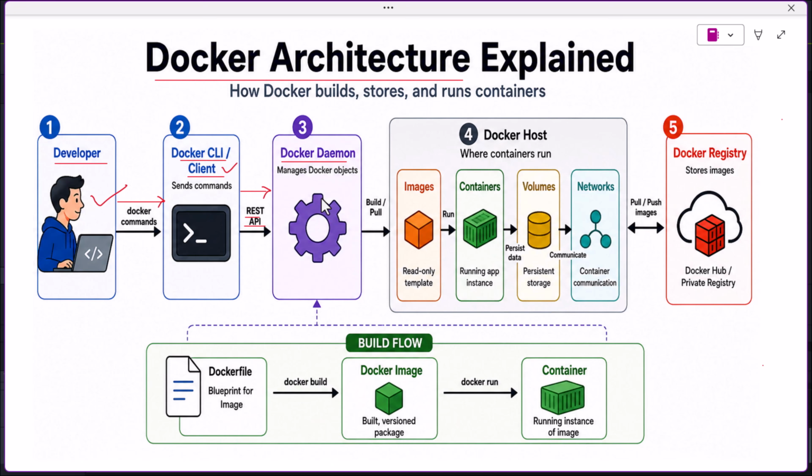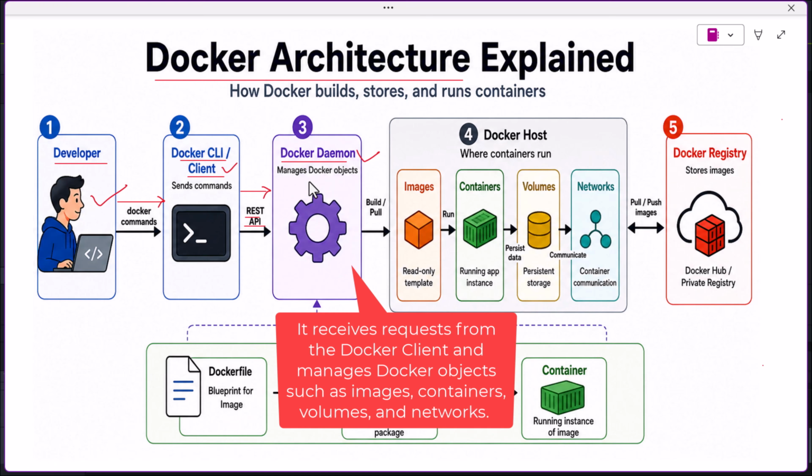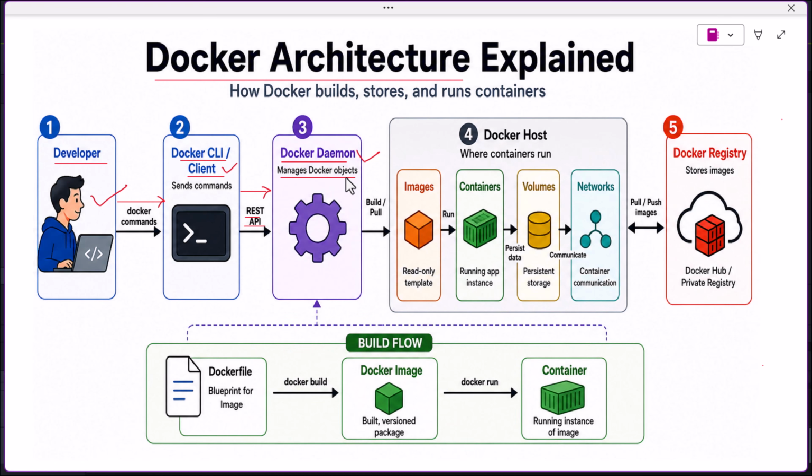Next, we have the Docker daemon. The Docker daemon is the background service that performs the actual work. It receives requests from the Docker client and manages Docker objects such as images, containers, volumes, and networks. For example, when the developer executes Docker build, the daemon builds the image.